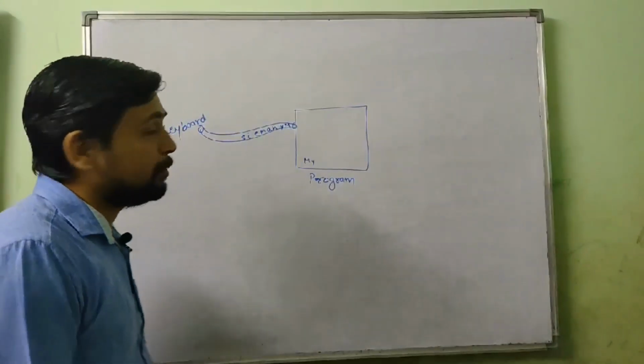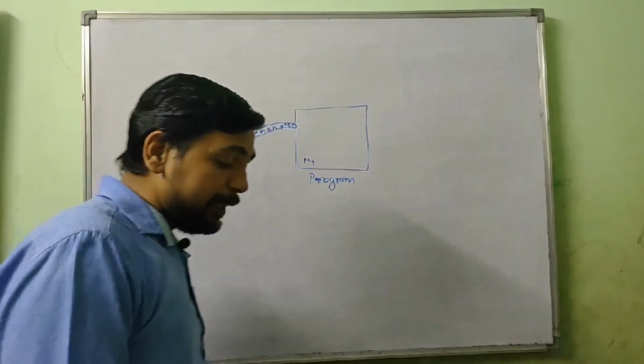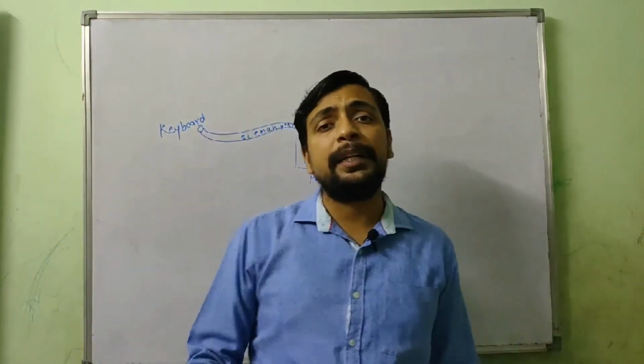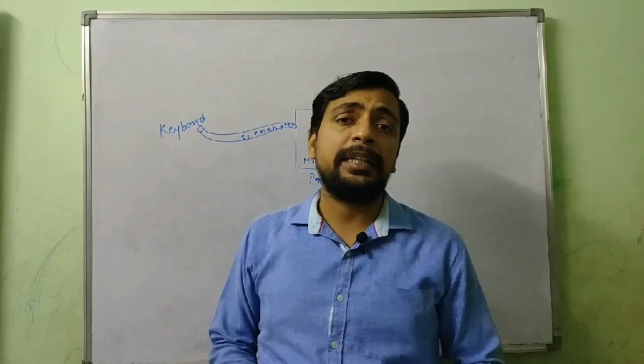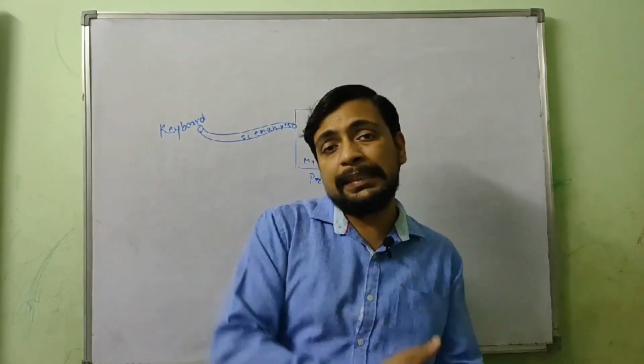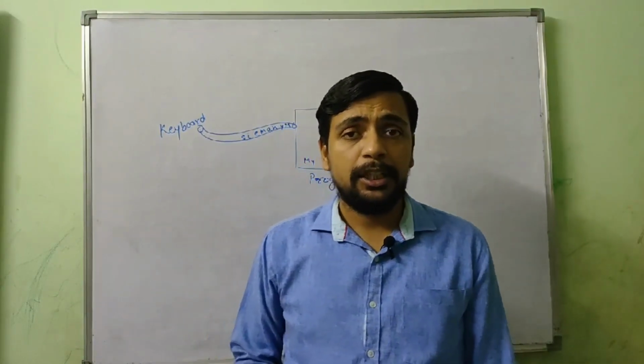Now how is that possible? For that we need a buffer memory. With the help of that buffer memory we can take a collection of characters from the keyboard inside the buffer memory first.